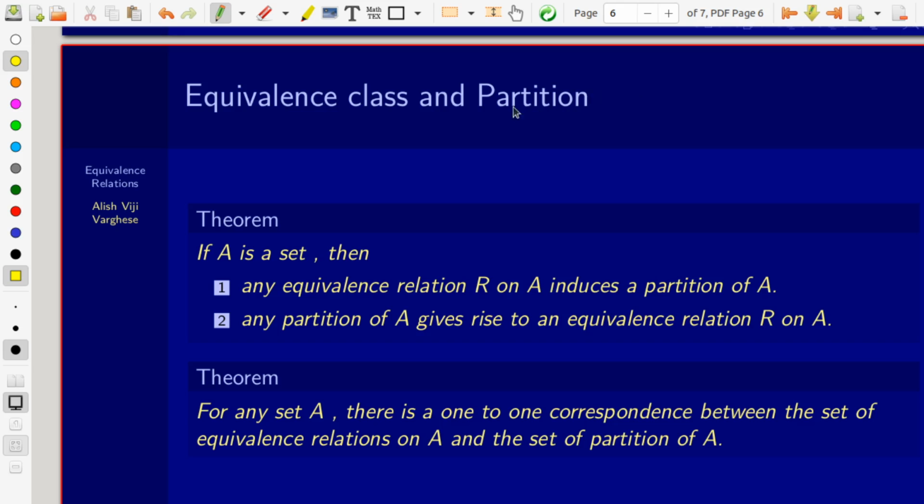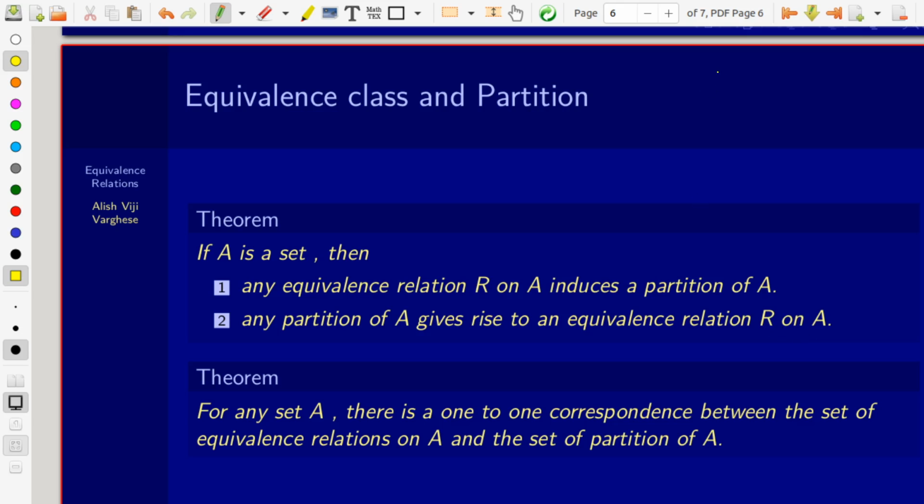We will discuss the partition of A in the case of different equivalence classes when we discuss some examples of equivalence relations. Then any partition of A gives rise to an equivalence relation R on A.